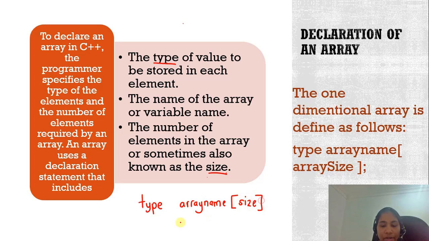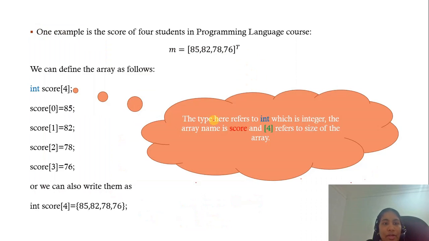So if you have a type integer, give a name, let's say grade, now size 2. So this is the array name grade, it is an integer, and the dimension, which is the size, is 2.